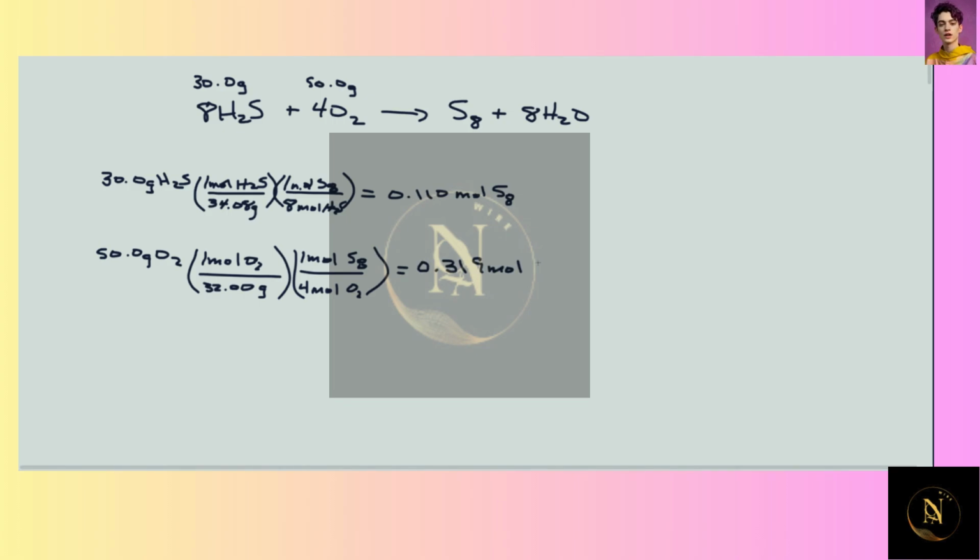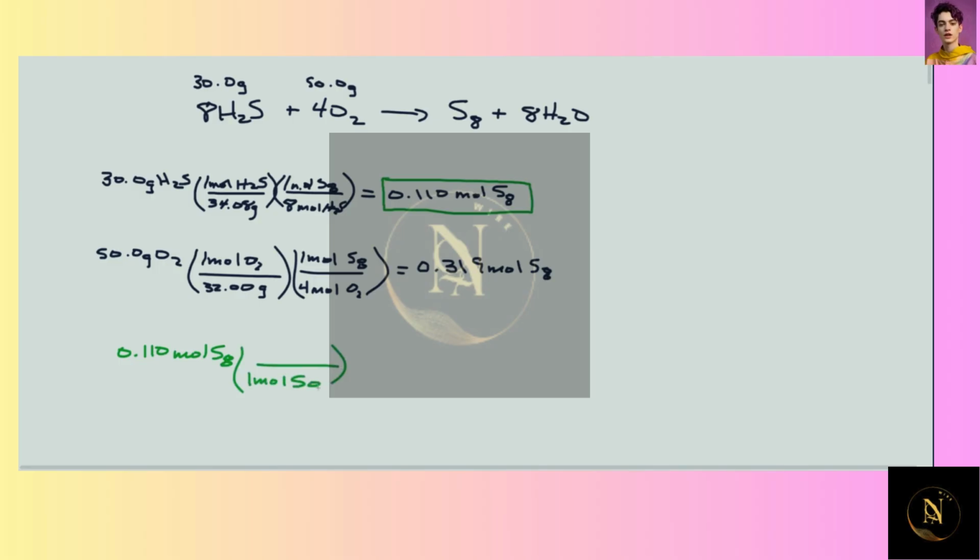moles of S8. So since it's a limiting reactant, we have to choose the smaller value. So we're going to take our 0.110 moles of S8 forward and convert that into grams. So we'll take our 0.110 moles of S8, multiply it by its molar mass.